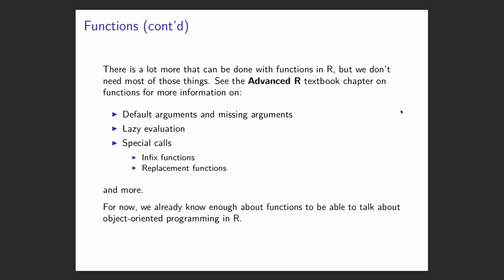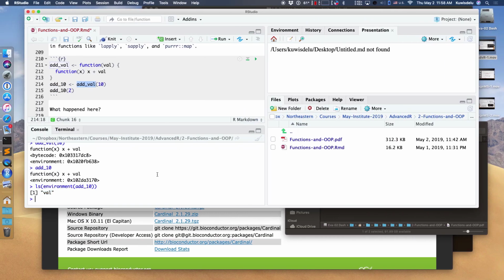Yes? Is it only x from a global environment in the example you showed? For add 10 here? Yeah. So add 10 is a function that takes the argument x, so one of its formals is x, and the x here is whatever I give to add 10.